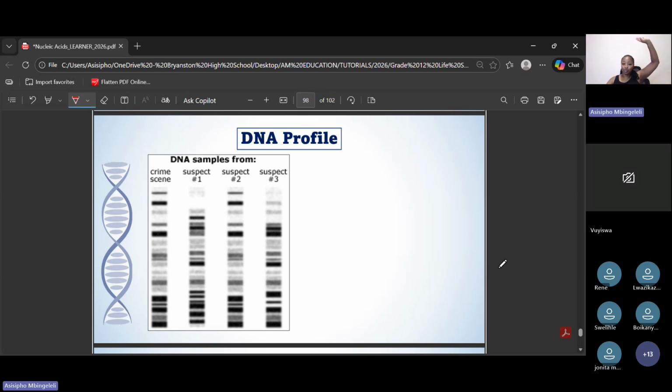Then I need someone to give me a reason for 2 marks. Why are you saying it's suspect 2? Because the first DNA band for suspect 2 matched with the crime scene, so there's no need to check, and the rest didn't.